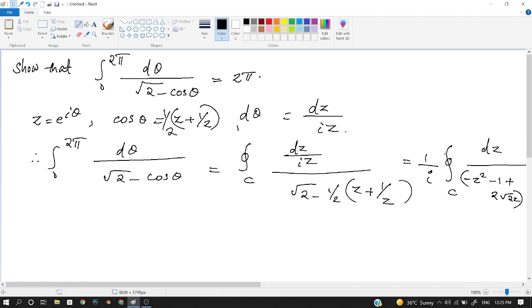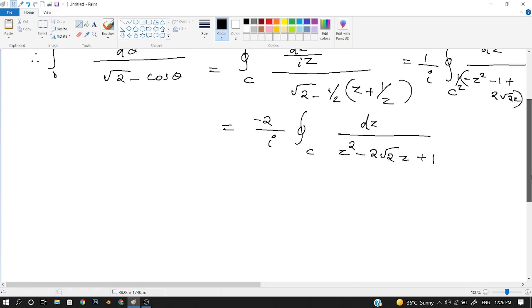Then also here we have a 1 by 2 in the denominator. So that is same as minus 2 divided by i integral over C dz divided by z square minus 2 root 2 z plus 1. Let us arrange the terms like this.